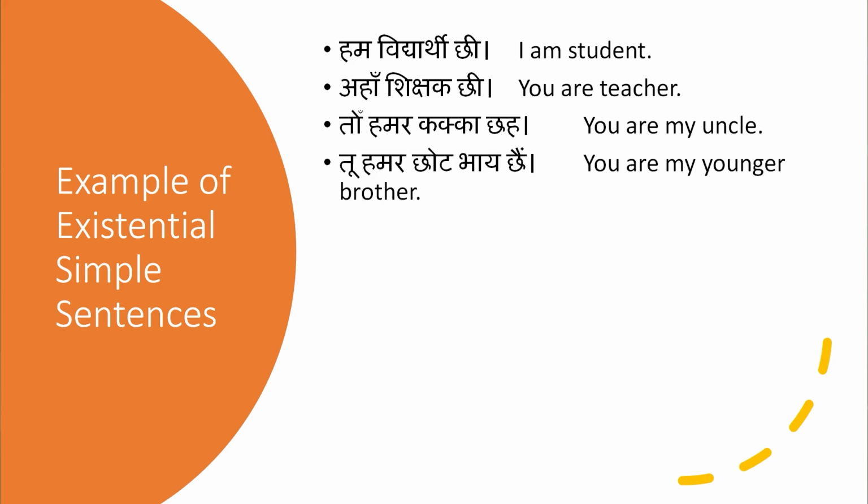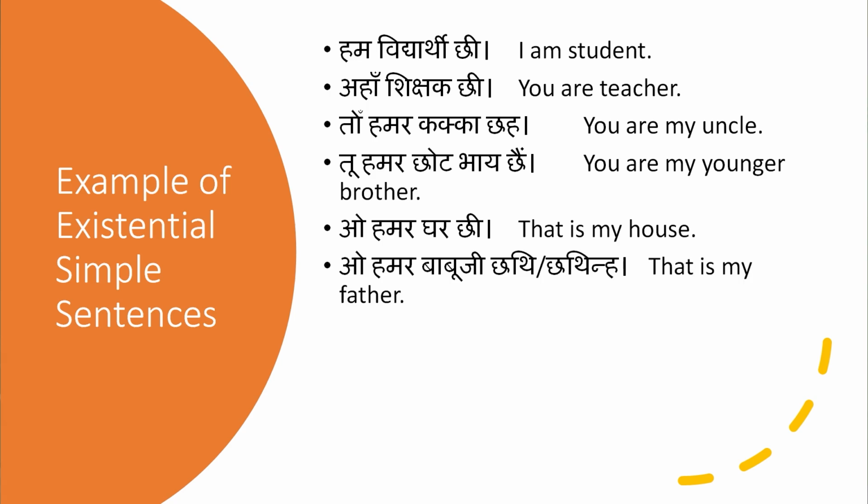Now, here you see tu is the non-honorific second person, and the agreement existential verb has changed to become chha. Then O hamar ghar chi, that is my house. O hamar babuji chati or chatin, that is my father.